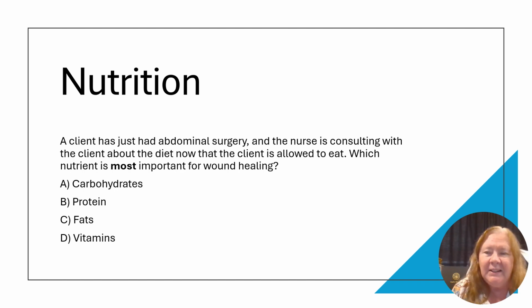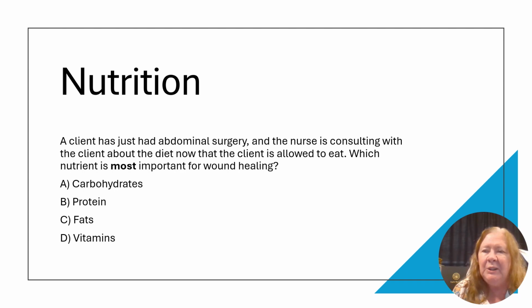Okay, we're back, and this one is asking which nutrient is most important for wound healing. The correct answer is letter B, protein. This is a pretty straightforward question, but I've seen it quite often, and I've used this type of question often as well.